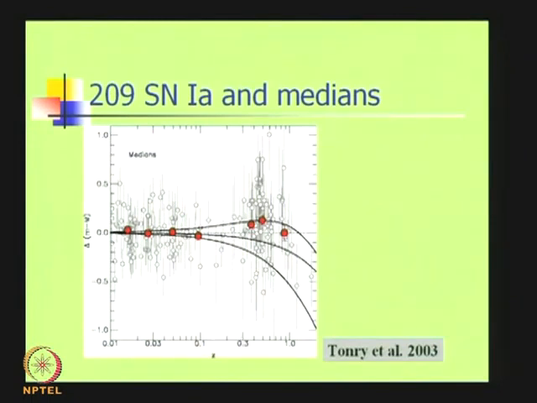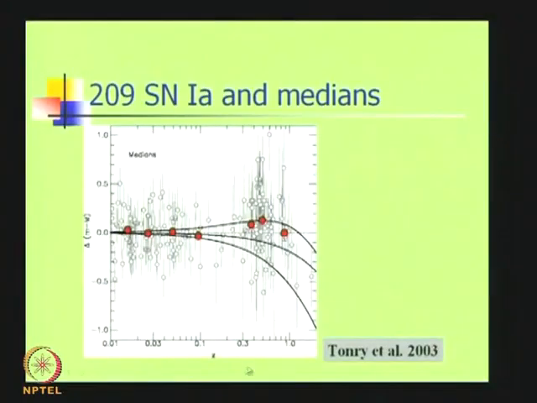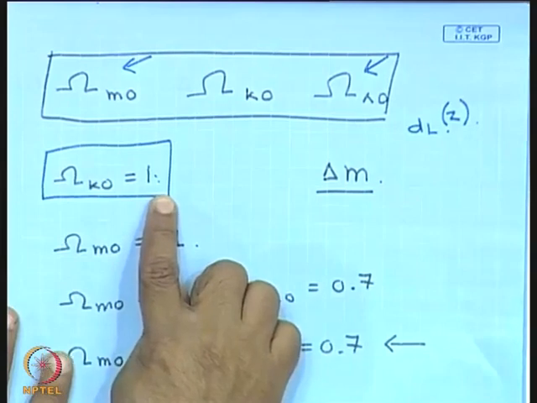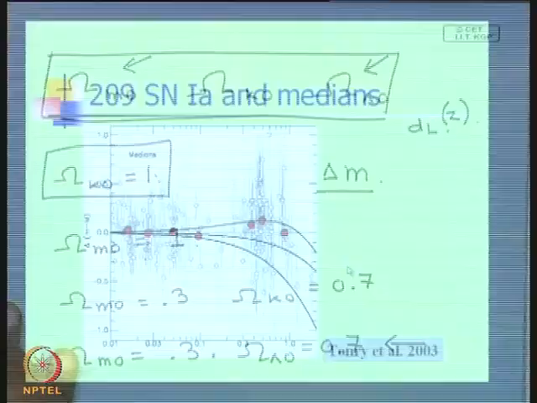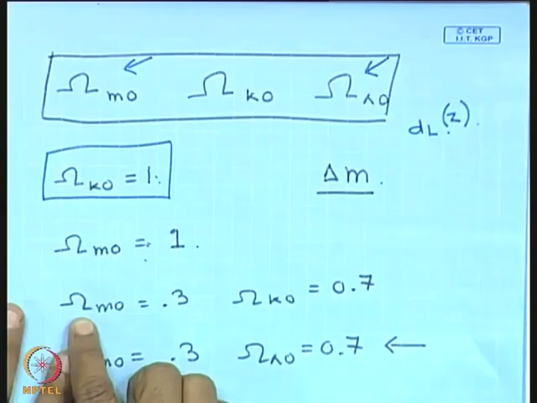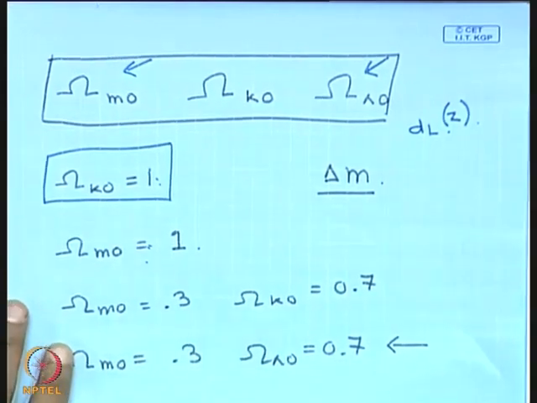So the horizontal line through the center is this model, and the lowermost curve is a model which has only matter, omega matter equal to 1. And the curve over here is a model which has a mixture of matter, omega matter is 0.3, and the rest of it is curvature.